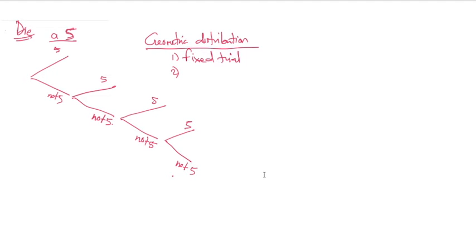If you look at it, the probability of getting a 5 is 1 over 6, and the probability of not getting a 5 is 5 over 6. Again 1 over 6, 5 over 6, and it just keeps going. So these are independent of one another.